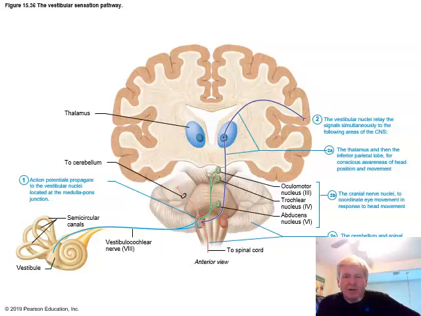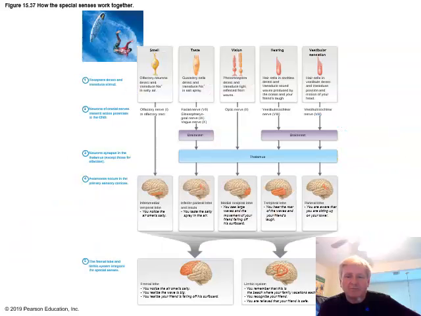The cranial nuclei will then coordinate eye movement in response to the head movement, and the cerebellum and spinal cord coordinate the muscle movement to help maintain balance in response to this head movement. So that's basically your pathway for how the sense organs work together.